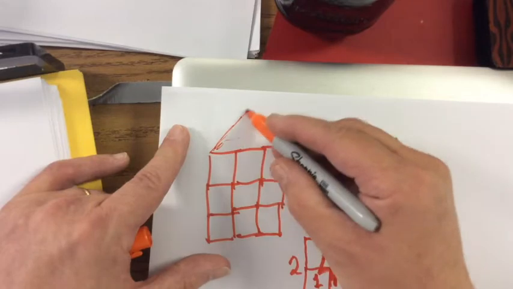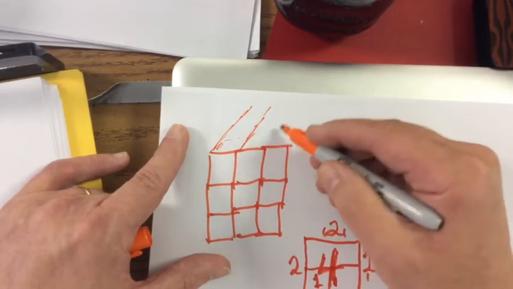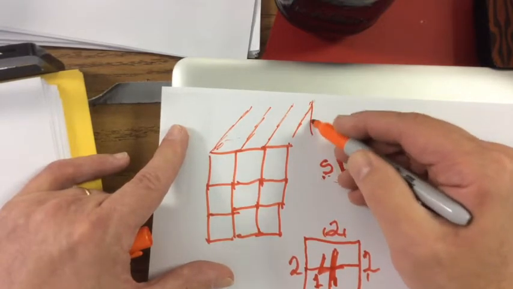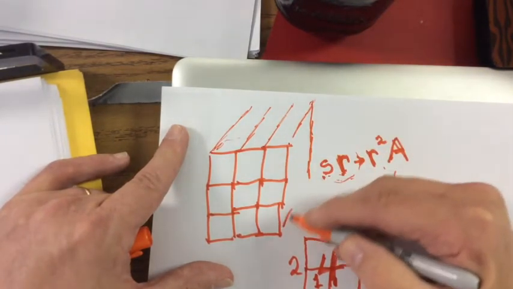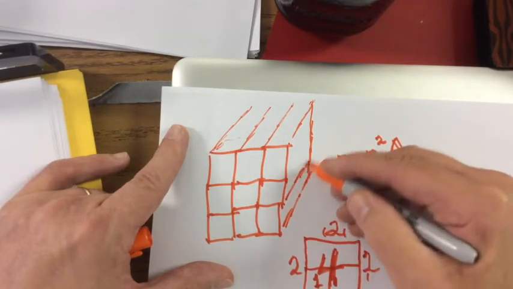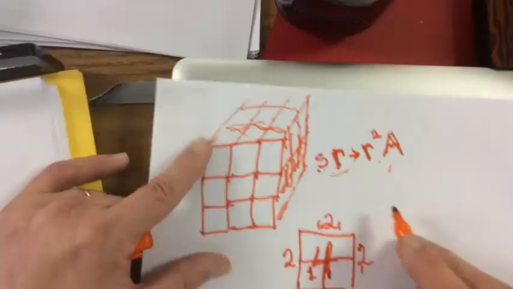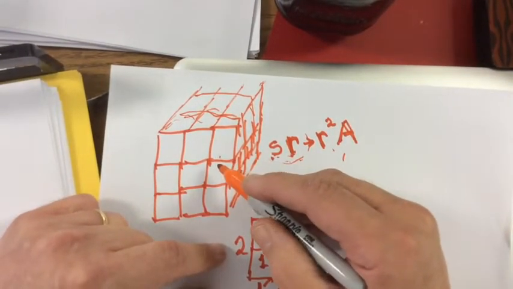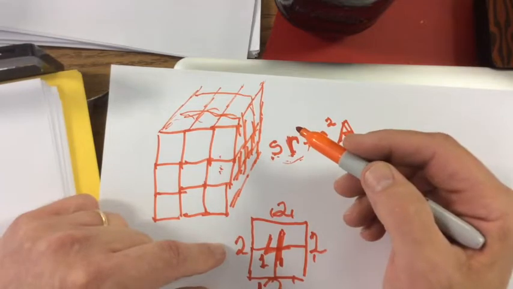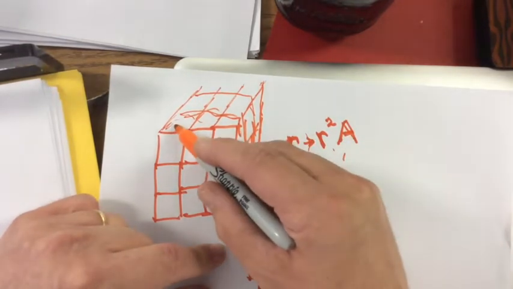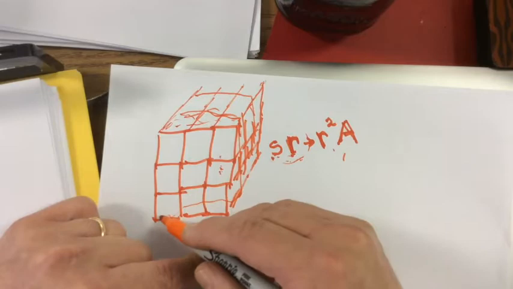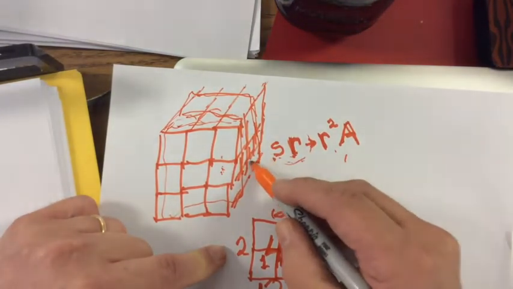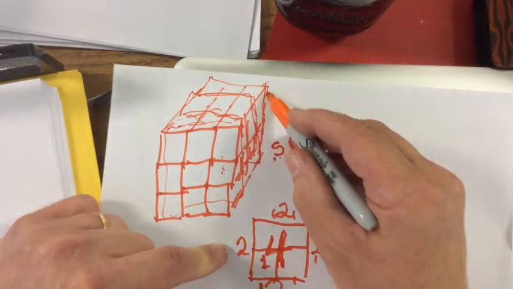Not only that, but if you decide you wanted to do 3 dimensions and you wanted to have all the side lengths equal to 3, you would have to have 27 cubes in here. Why 27? Because you would need 9 for this part, 9 over here, and 9 over here.